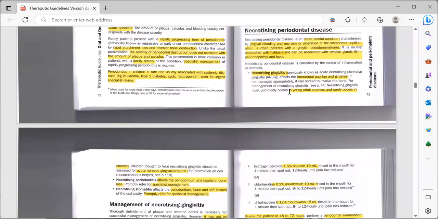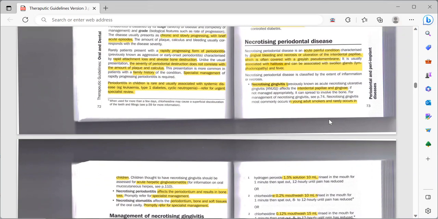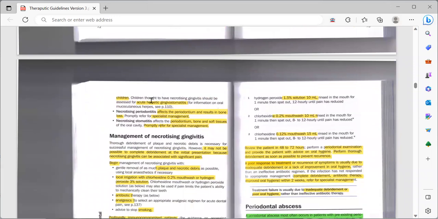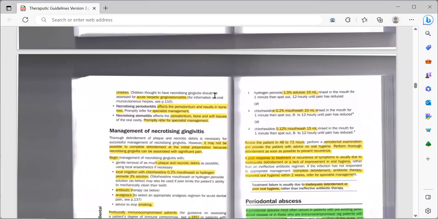Necrotizing gingivitis is most commonly seen in young adult smokers and rarely occurs in children. Children thought to have necrotizing gingivitis should be assessed for acute herpetic gingivostomatitis.